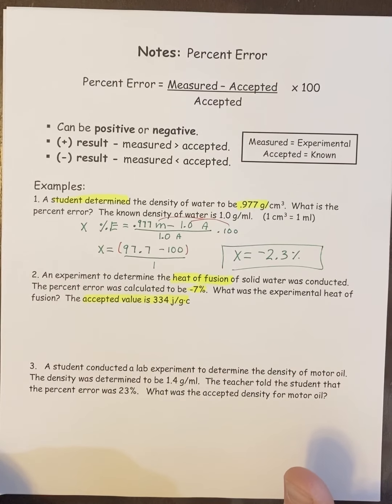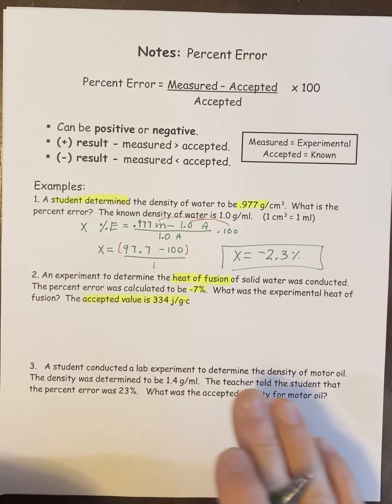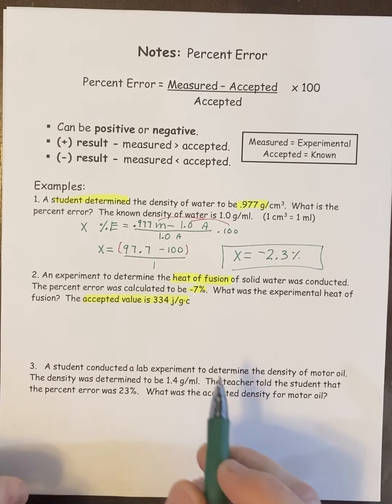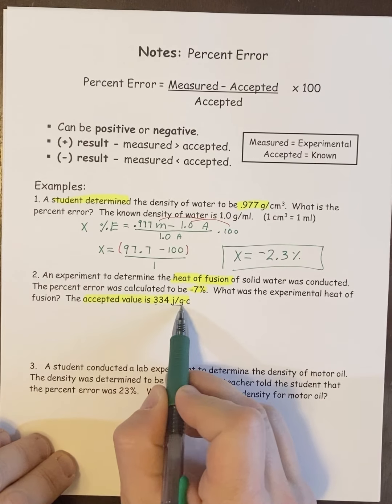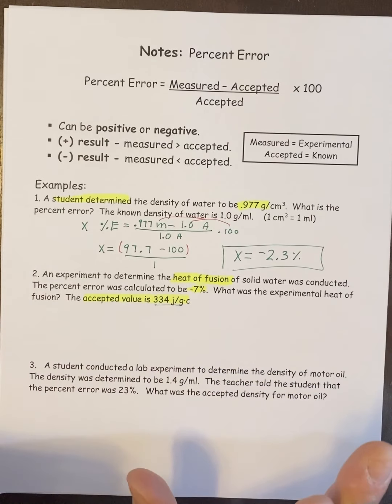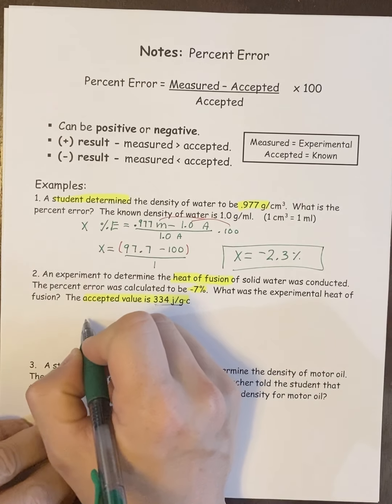Even if you don't understand the concept, you can still do a percent error problem, because all you need to know is the value that they should have gotten, which in this case was 334 J/G.C, whatever that means. Okay, you obviously don't know what it is yet. And then you want to know, what did they get? So that would be the measured value. So let's set it up.